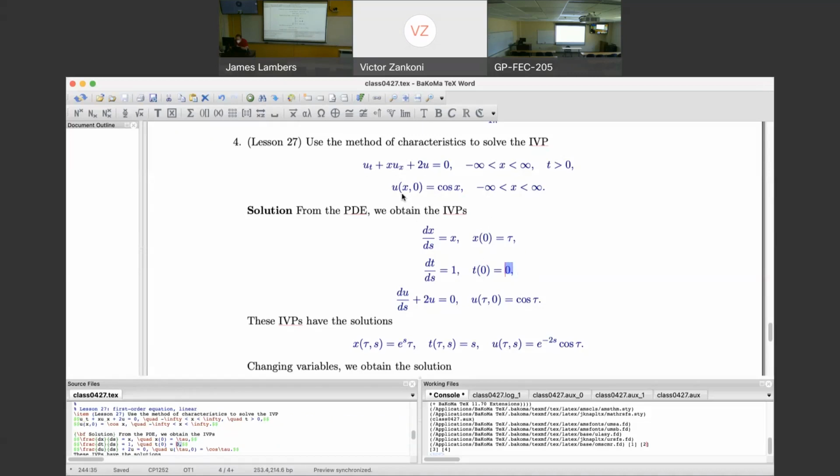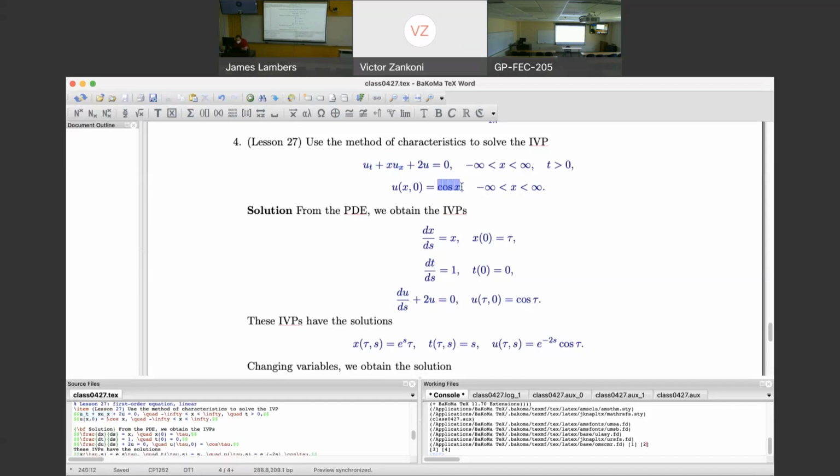Then this part of the PDE collapses to du/ds, and then you add on the rest of the PDE, so the plus 2u equals the right-hand side of 0. That's where the ODE for u comes from. Because what we have from these two ODEs is du/dt dt/ds plus du/dx dx/ds. By the chain rule, all of this is equal to du/ds.